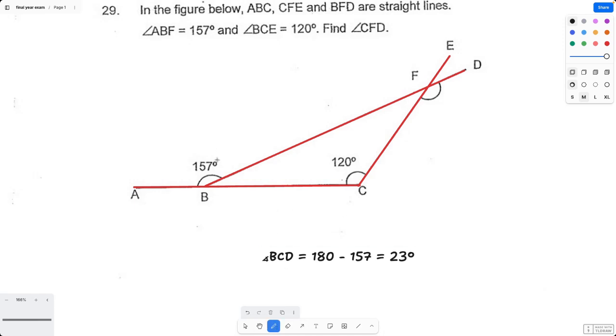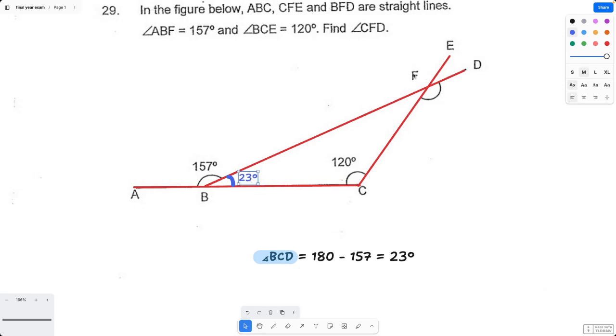Let me draw this over here in blue. BCD over here is 23 degrees. Let me put the text in blue too. 23 degrees is over here.